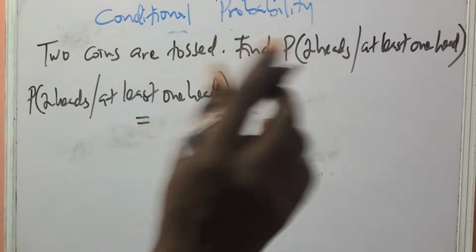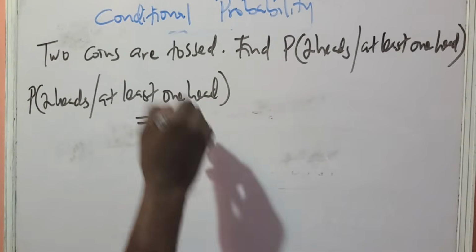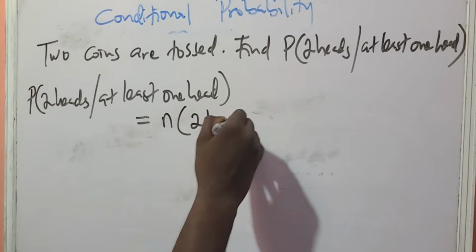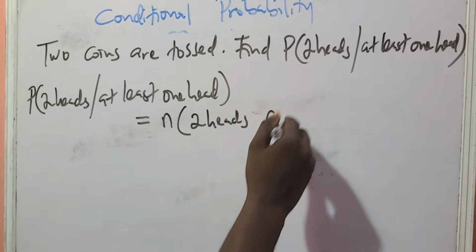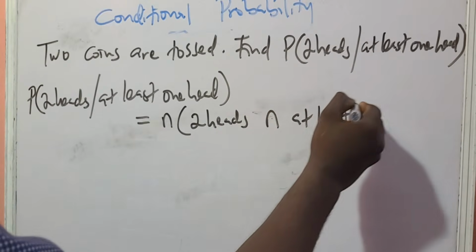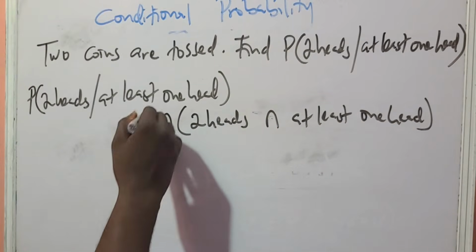So I would rather say it this way: number of 2 heads intersection at least 1 head, because it looks like somebody is getting confused with the use of the word probability here.